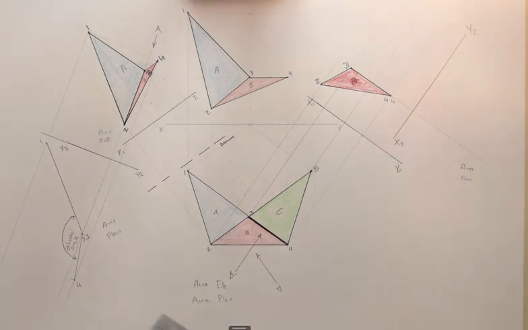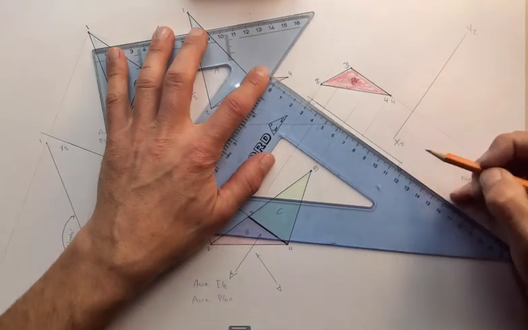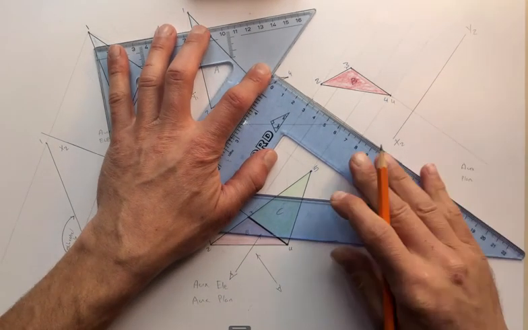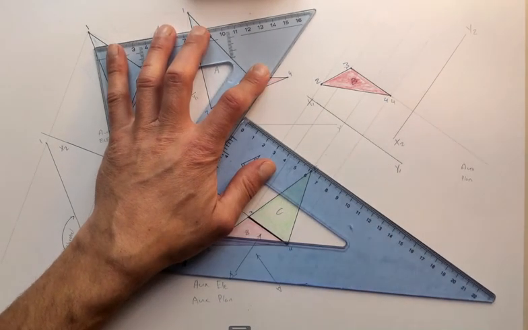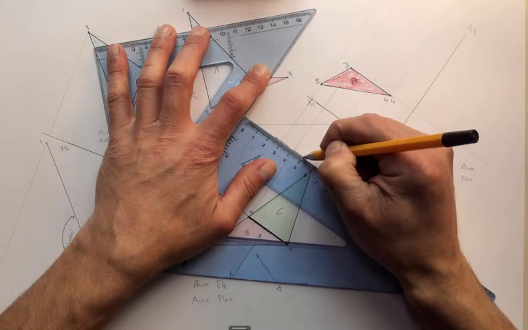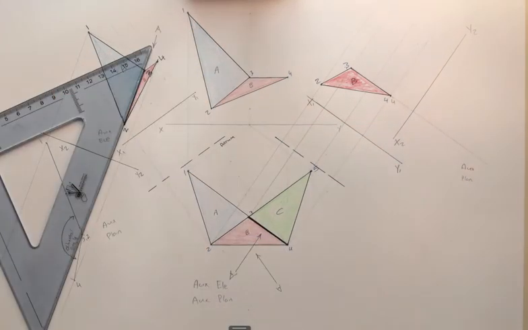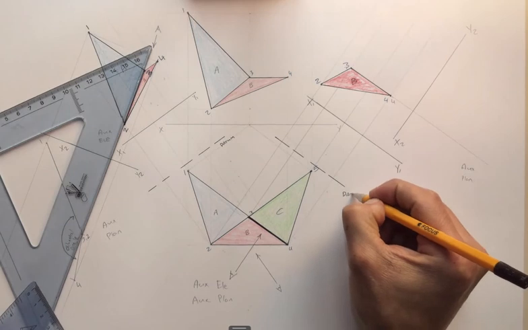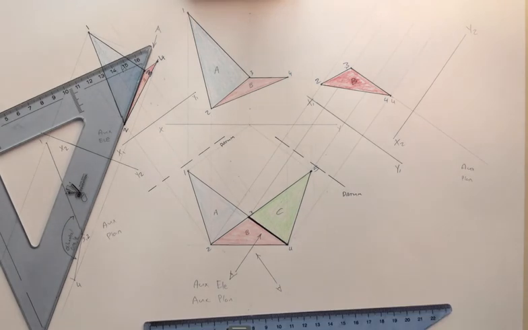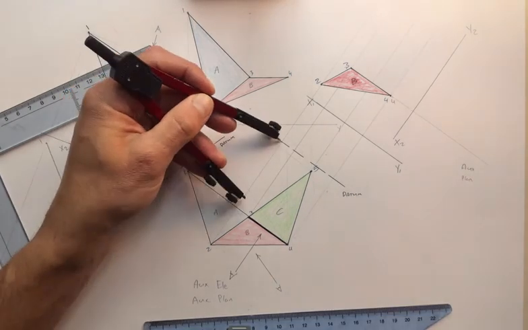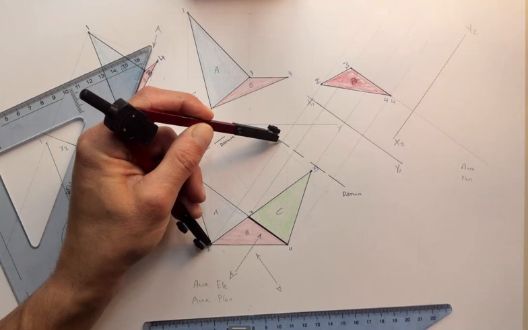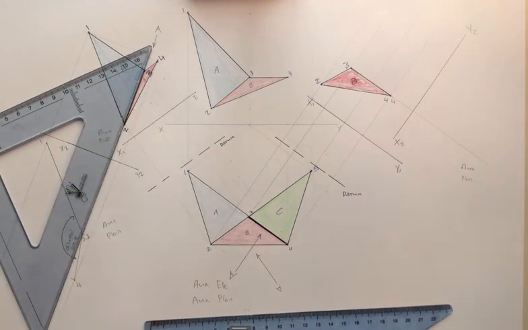Again, my distances are large, so I'm going to pull in the XY line a little bit back in here, and I'll set up a new datum line. So they're like separate questions. It's nothing to do with the last question, my datum. And again, the same method. Distance to point 2, and I project out point 2.